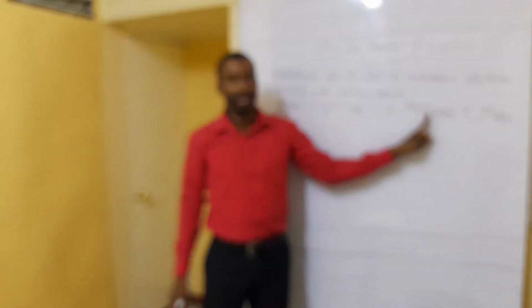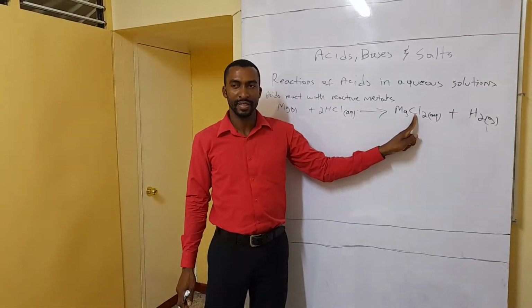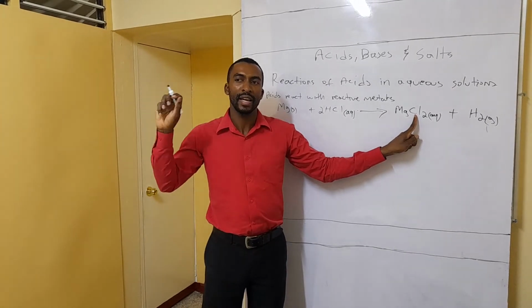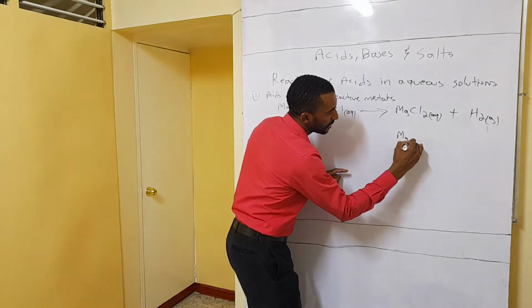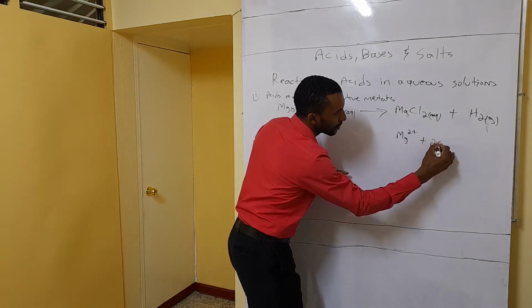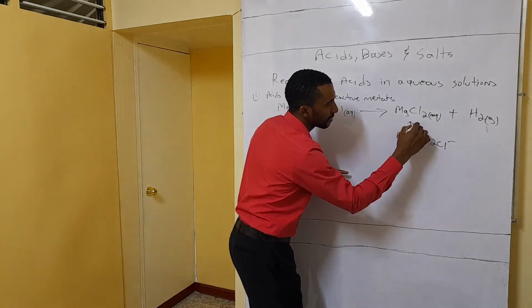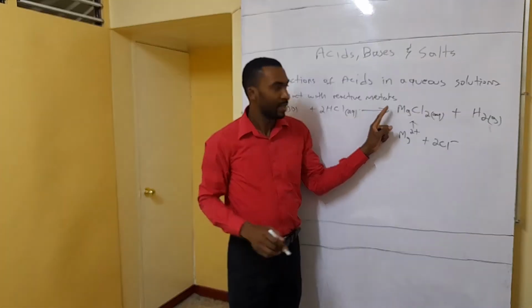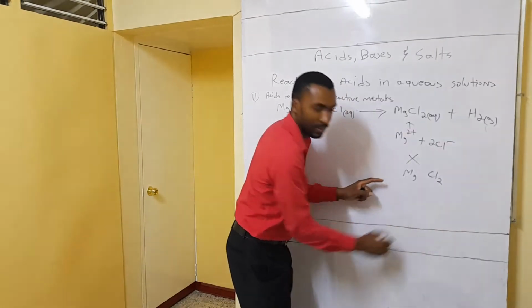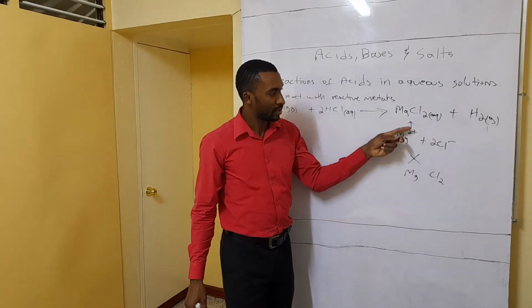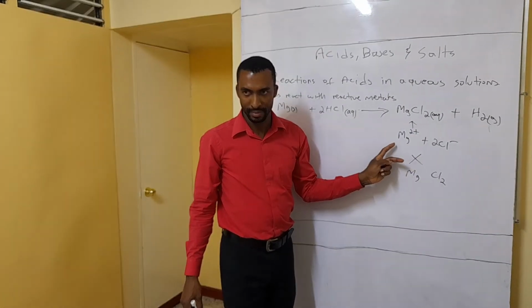This Cl2 here is not a gas, it is 2 chloride anions, 2 Cl minus. So in reality this is Mg2 plus and 2 Cl minus, not Mg and Cl2. You get what I'm saying? Don't make this mistake in the exam.